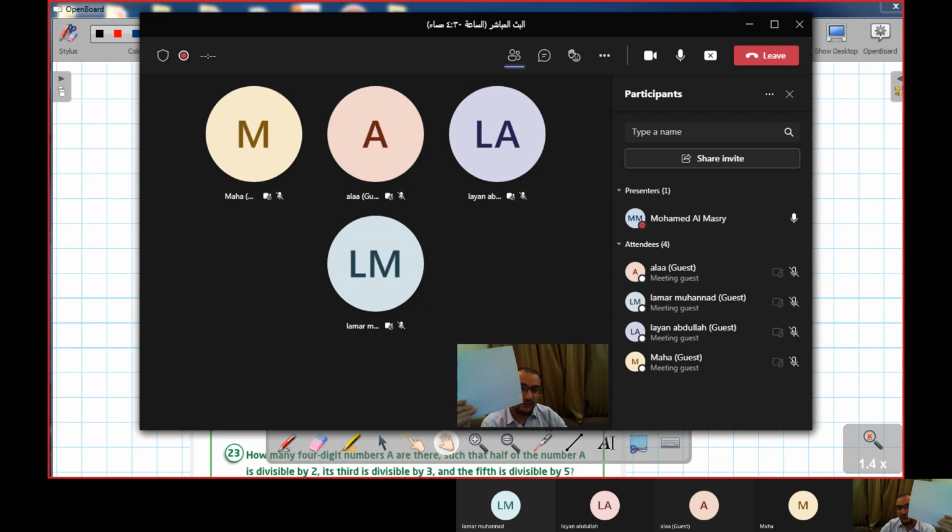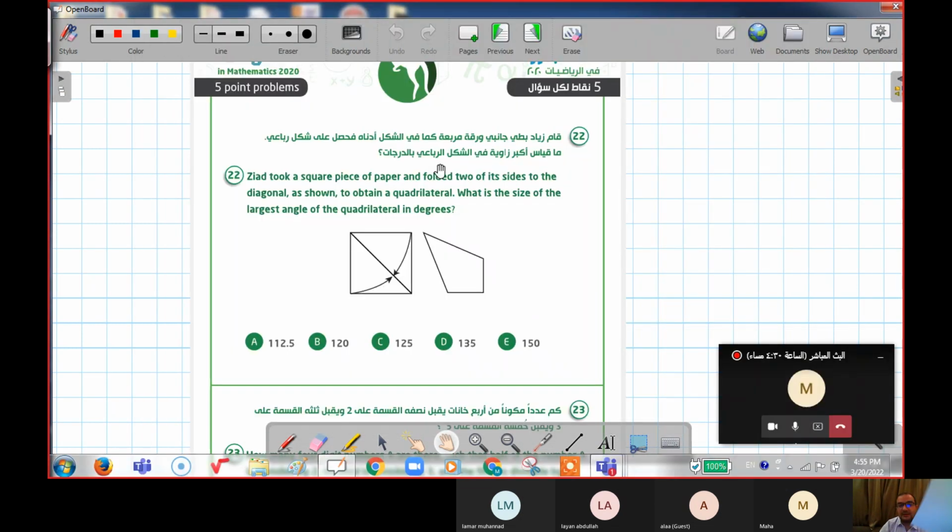If we look now, like this one, this is the diagonal. Maybe I can write a diagonal here, and I will show you.